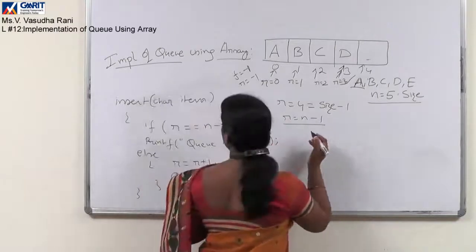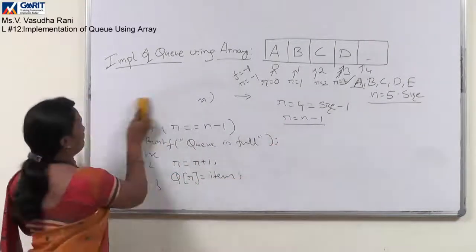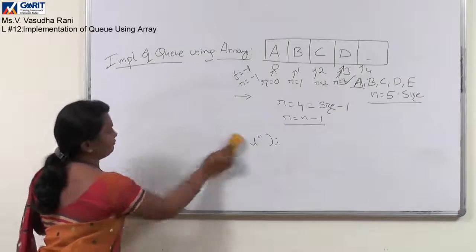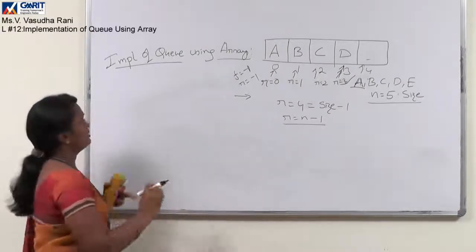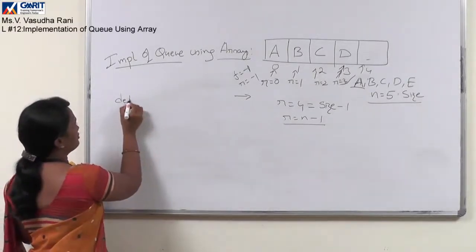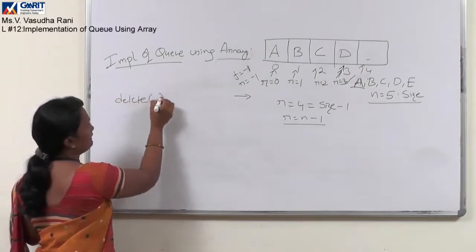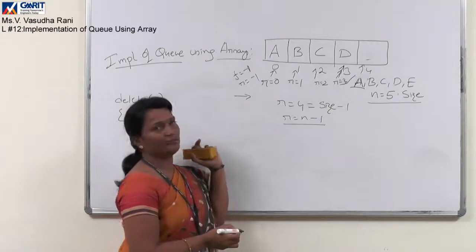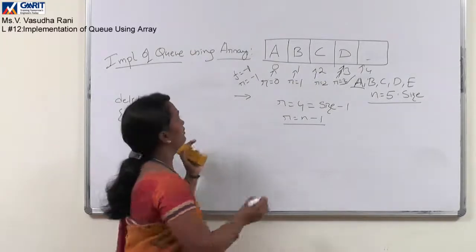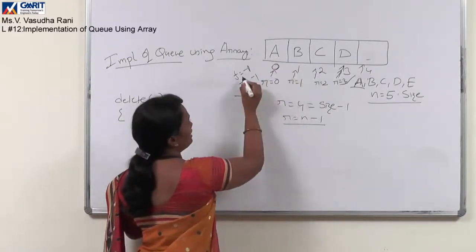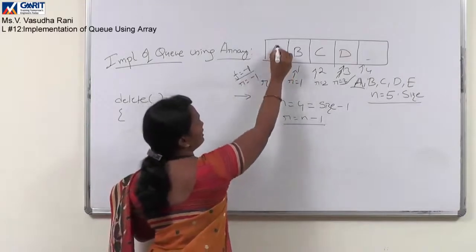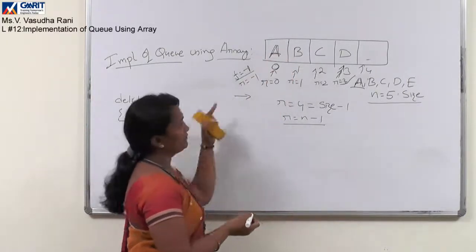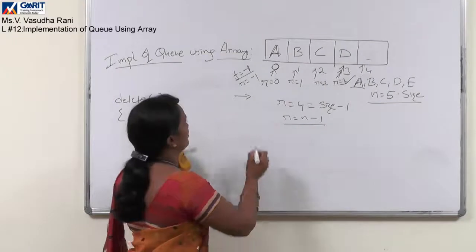Then coming to the second method, deletion. Now if you want to delete an item from the queue, it is already known that from the front end only we can delete the elements.